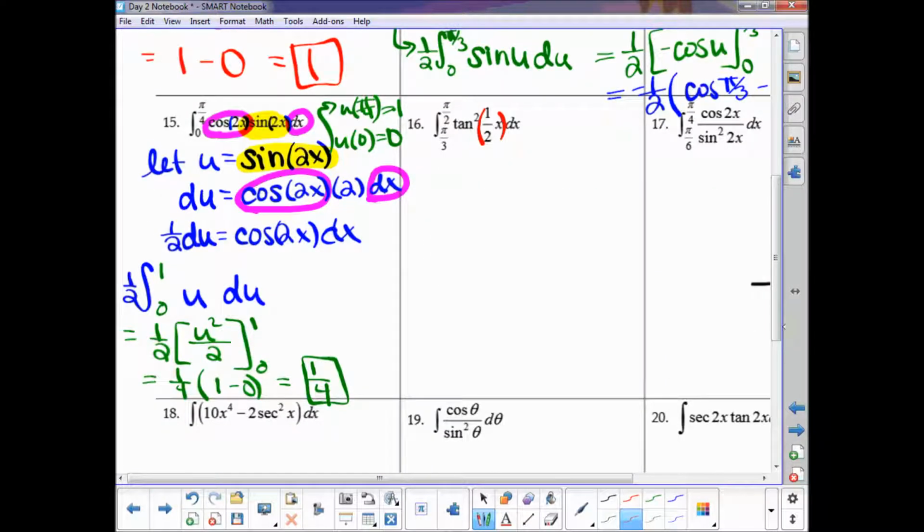Now I could rewrite this as tangent of 1/2 x quantity squared. You don't need to do this because it's not going to help us out. But if I let u equal tangent of 1/2 x, what's the derivative of tangent?